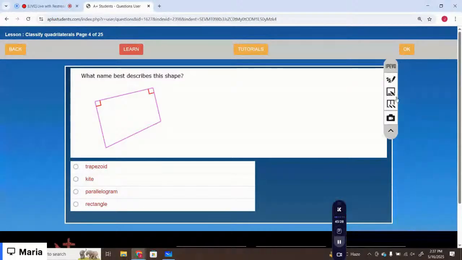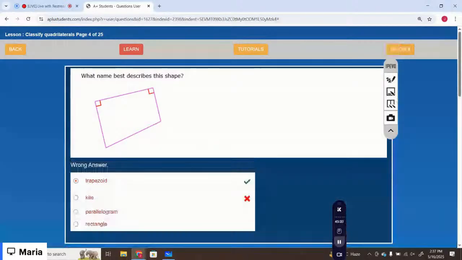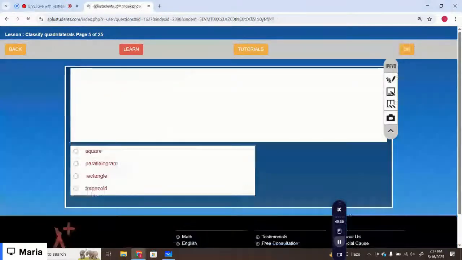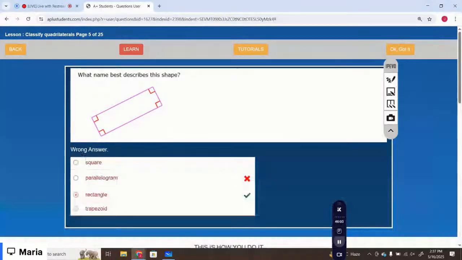That is, I think, right. What name best describes this shape? That is a parallelogram. Option number two is the right option.